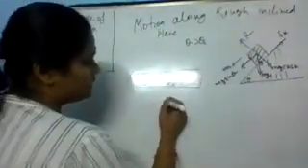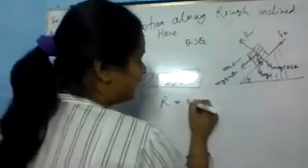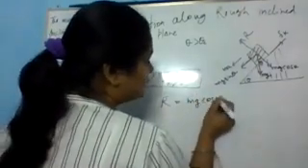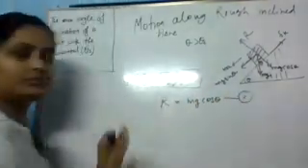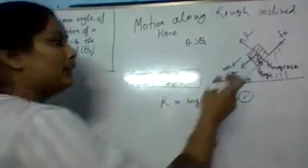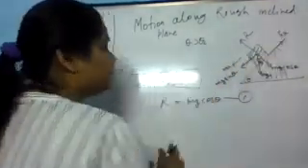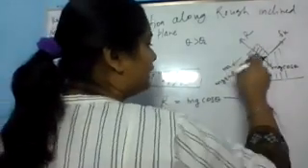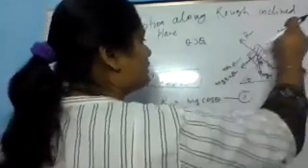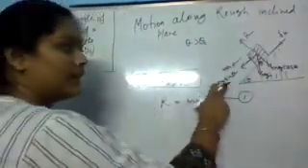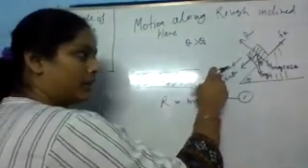Okay. Now you can see that this reaction force is balanced by this component. So the first equation is the same as before, R equals mg cos theta. This is the first equation. Now come to the second equation. You can see that in this direction two forces are working: mg sin theta and the friction.